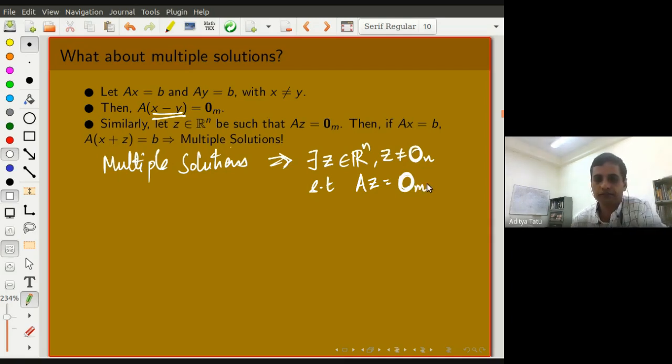Agreed? And in the last point over here, what did we derive? If there is a non-zero vector z such that Az is the 0 vector, then I have multiple solutions. So this is equivalent, right? Does that make sense? Yes.